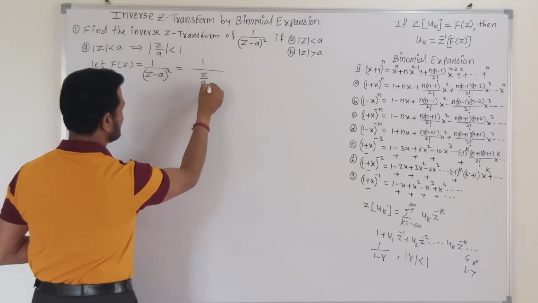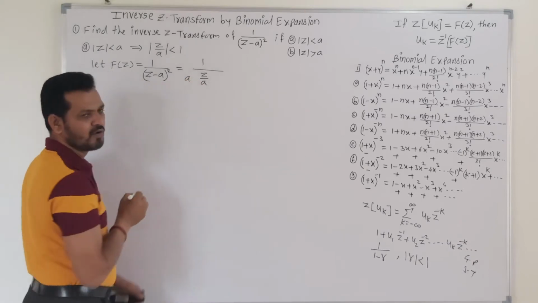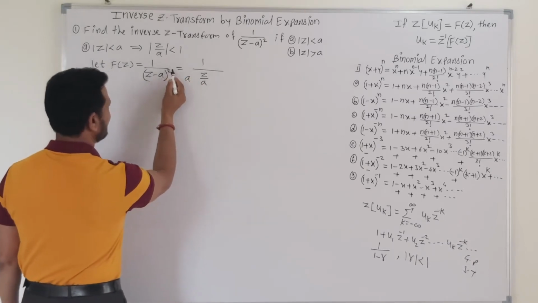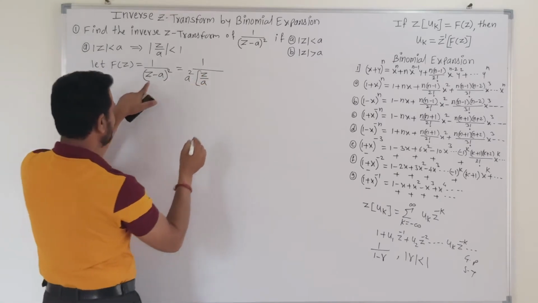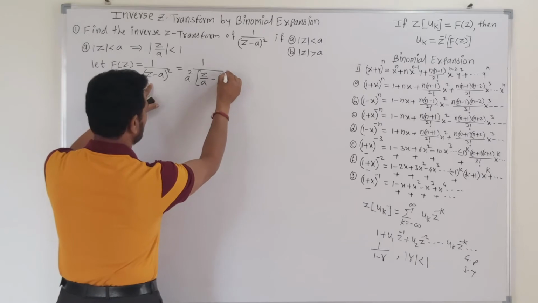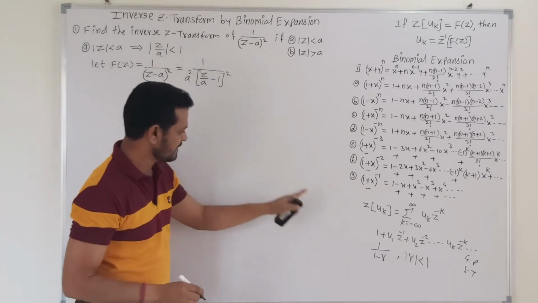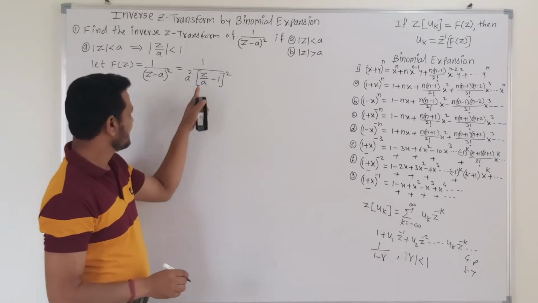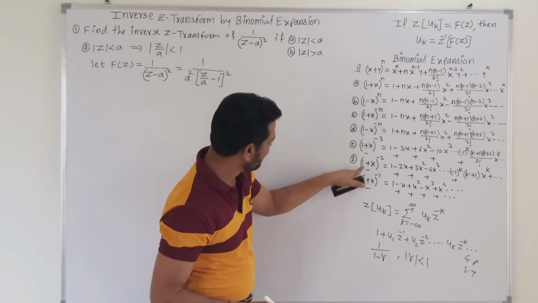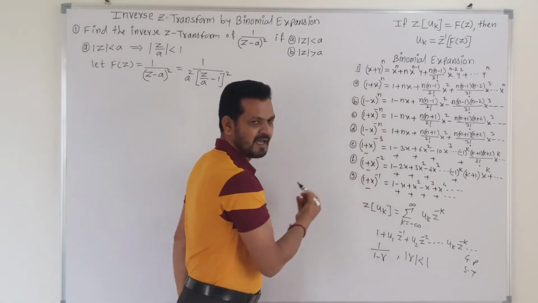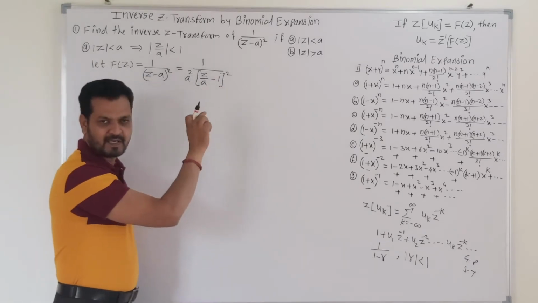So we get this as z upon a. This is possible when we take the term a common. If we take a common, then here the power is 2, so we can write this as a squared, then (z upon a minus 1) squared. Now friends, please try to understand that here we get this term in 1 upon 1 minus r form, but we require the first term as 1, because to use this standard formula we need the first term as 1. Now to get the first term as 1, let's reverse the term.